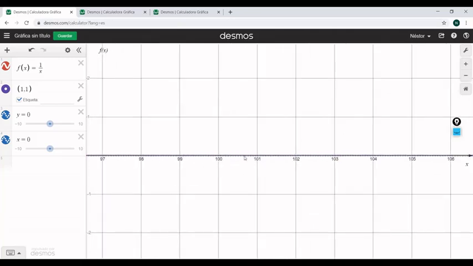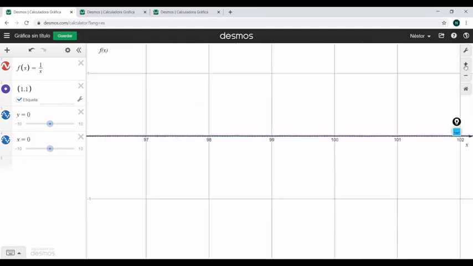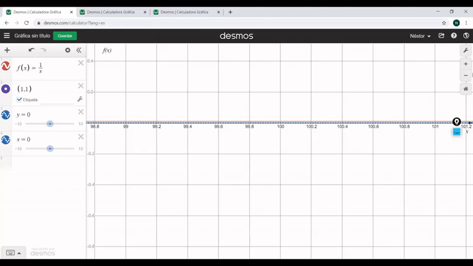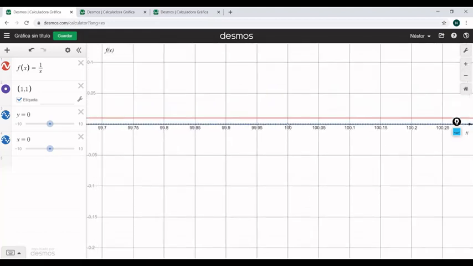Right now I'm on x equals 100, and apparently what my eyes see is that the red line has already touched the blue line. But that's not a fact. If I zoom in, I can see that in fact the red line never ever touches the asymptote.